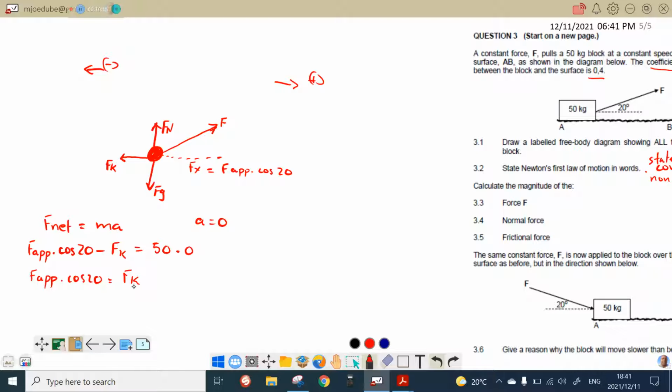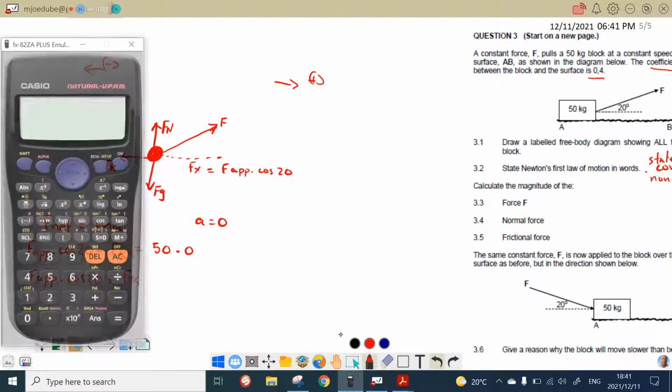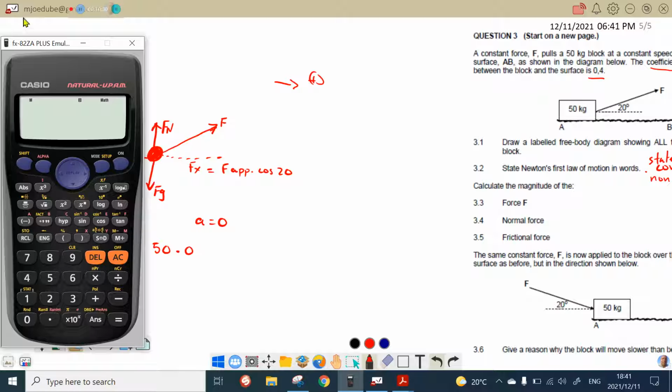So now my Fk, which is my frictional force, I have not been given the value of the frictional force, but I've got F app cos 20, and I can work out the cos of 20.